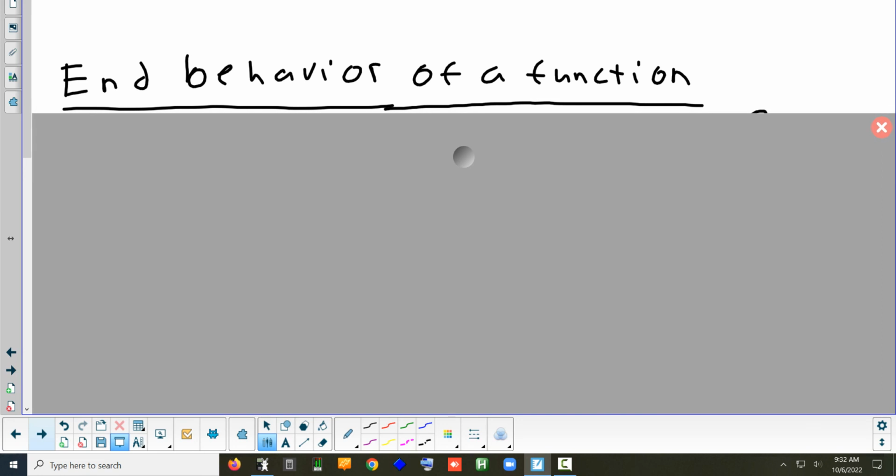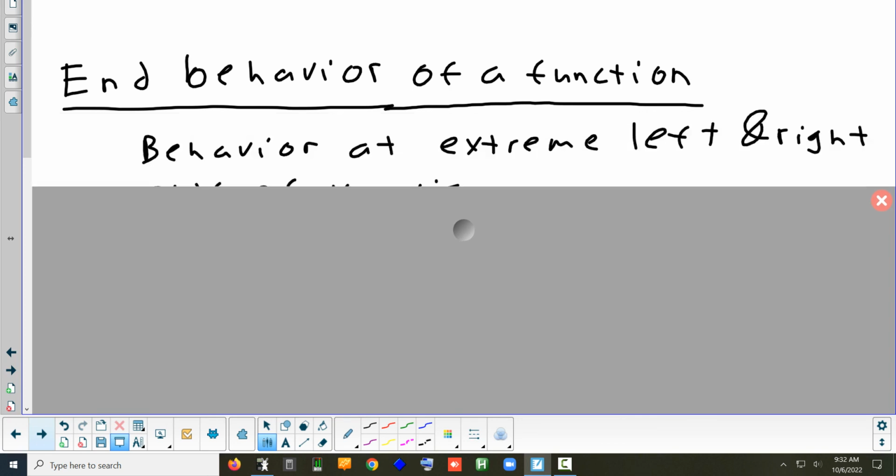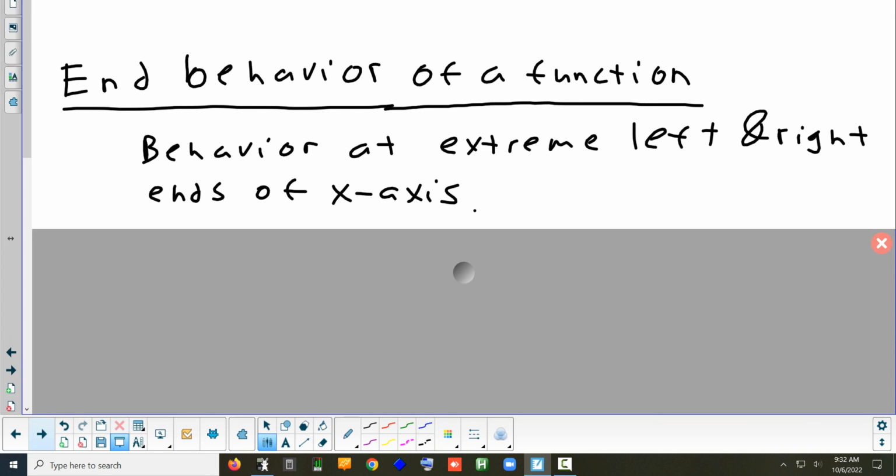So the last thing we're going to look at is what's called end behavior. End behavior looks at what's happening to a graph way on the left and on the right. It doesn't care what's happening in the middle.